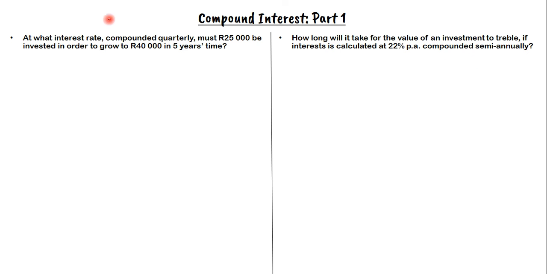The question says: at what interest rate compounded quarterly must 25,000 be invested in order to grow to 40,000 in 5 years' time? So here, this person wants to understand that if they put in initially 25,000, then after 5 years it becomes 40,000, in 5 years' time, compounded quarterly.